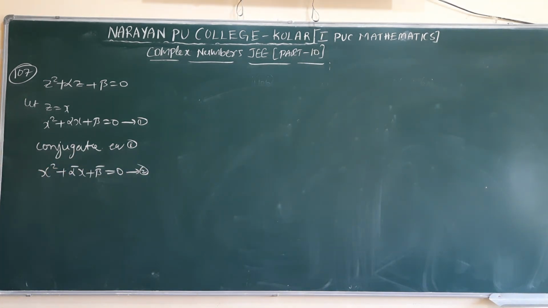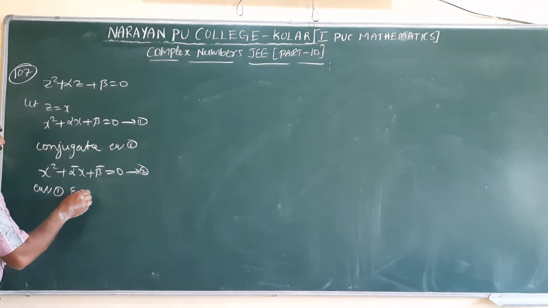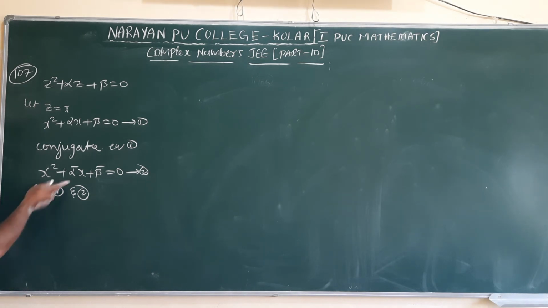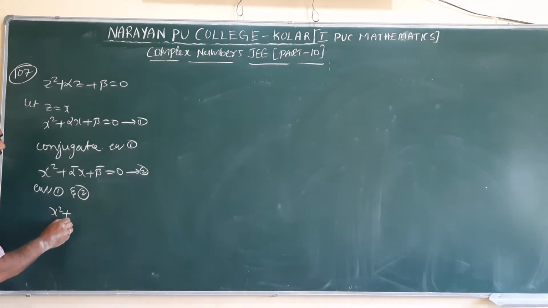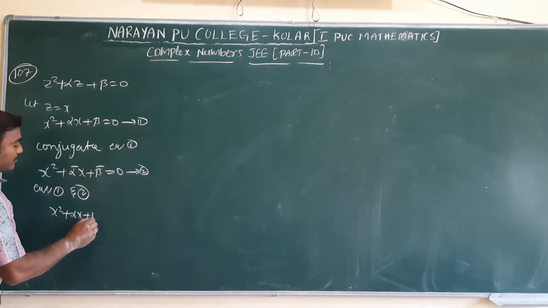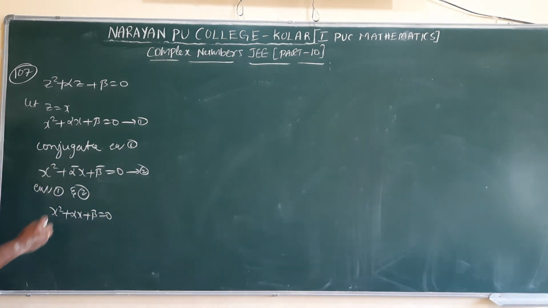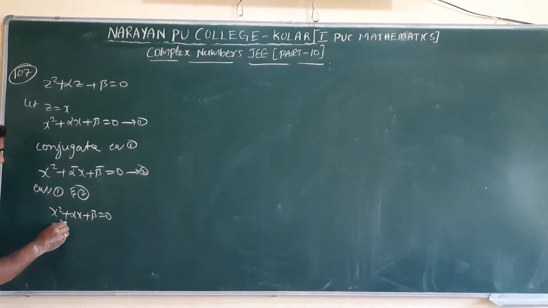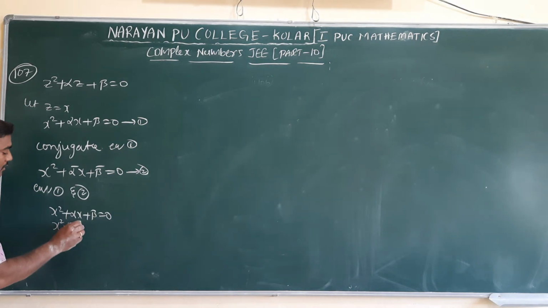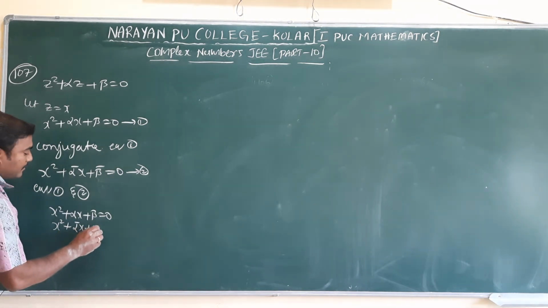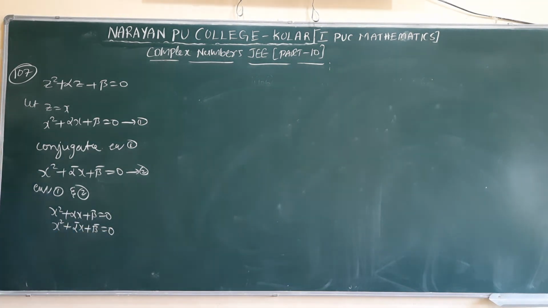Following from equations 1 and 2, solving them: x square plus alpha x plus beta is equal to 0, and x square plus alpha bar into x plus beta bar is equal to 0.